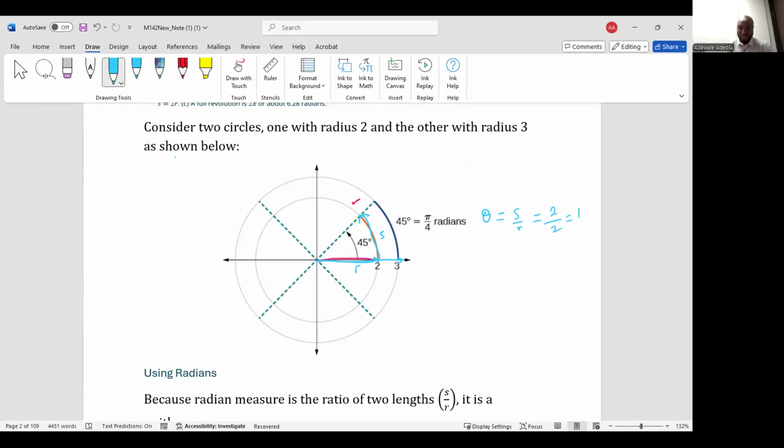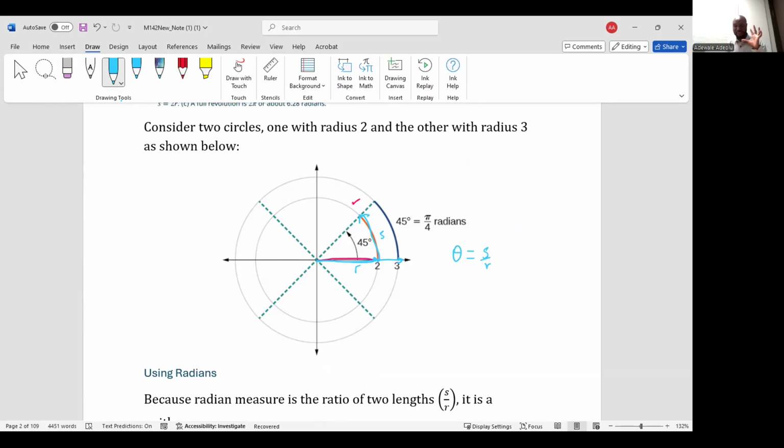Okay, so considering this, the arc length here is s, and the radius is 2. Well, let me take that back. I'm not giving a value to this s. I'm just saying that this s is related to this r by comparing, theta is s over r, the ratio of the arc length to radius.